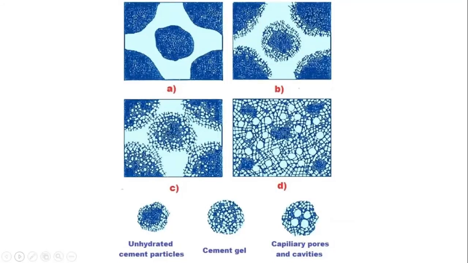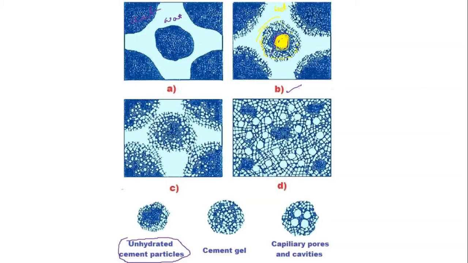See, in this figure, initially this is the cement and this is the water. This is water and this is cement. And the cement particles are reacting with water with the time, and therefore this is how it reaches B. See, this is the unhydrated cement particles, and here this is the hydrated cement gel, and this is water.